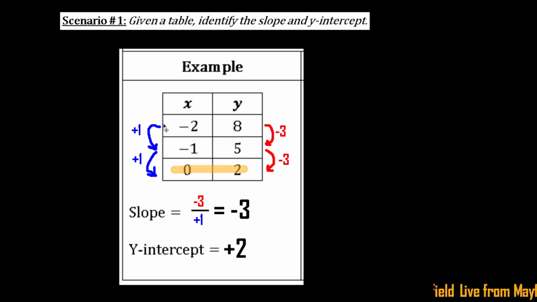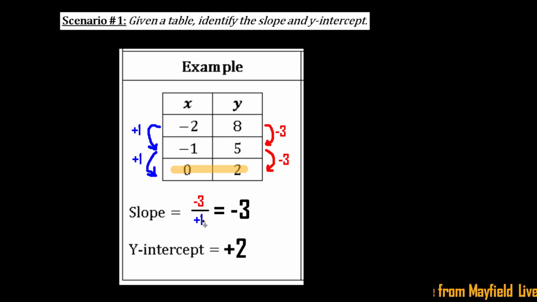You only really need any 2 points to notice the pattern, but we can show the pattern after that. Our slope is going to be equal to the change in y, which is -3, over the change in x, which is +1. Be careful when you are writing these ratios or fractions.